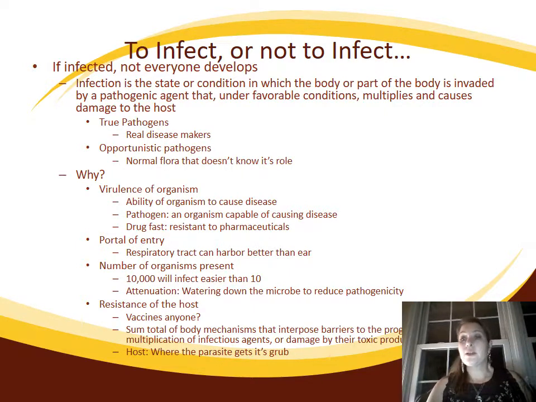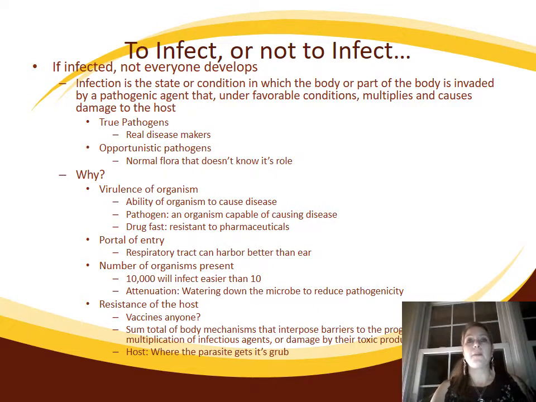So to infect or not to infect, let's talk about why it is that some people get sick when they are exposed to particular microorganisms. Some people don't get sick when they're exposed to certain microorganisms. Infection itself is the state or condition where the body is actually invaded by a pathogenic agent and causing favorable conditions so that whatever that pathogen is can multiply and cause some type of damage to the host.